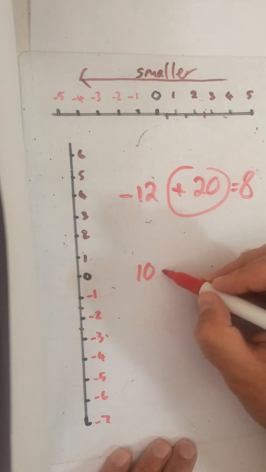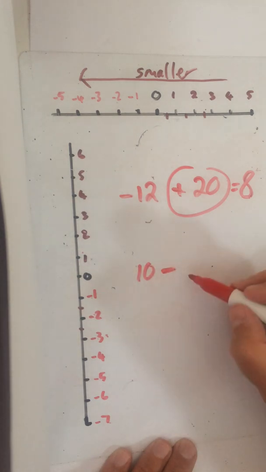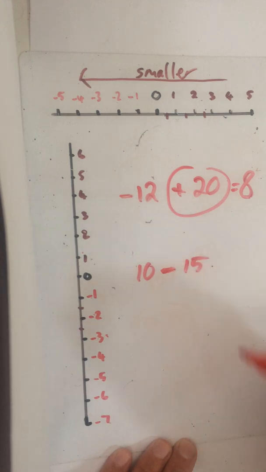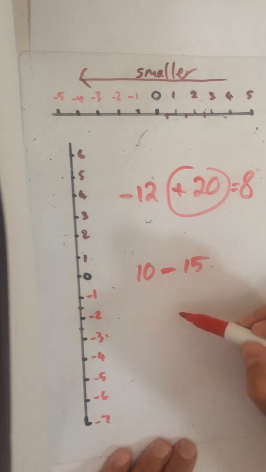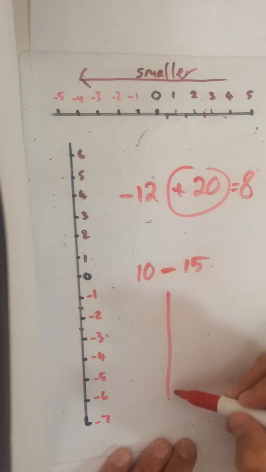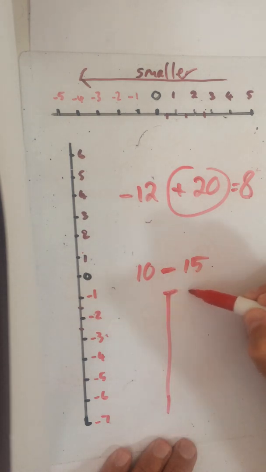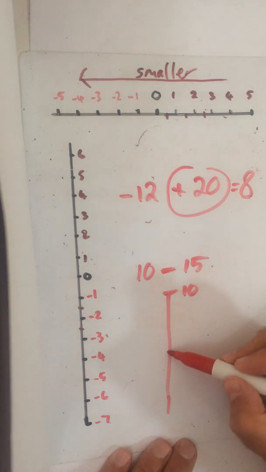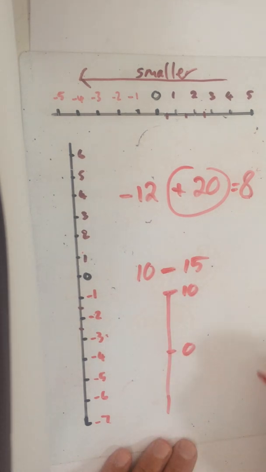I could have something like 10 take away 15. Now some of you might be able to do that straight away in your head, but if you can't, don't worry about it. So I'm here, this is 10 degrees. First place I'm going to go to is 0. How much have I taken away to get to 0? I've taken away 10.